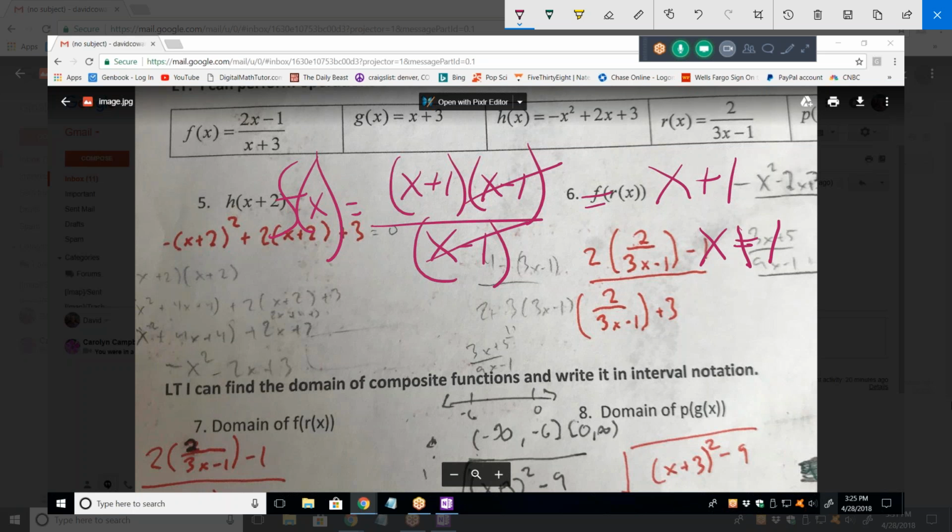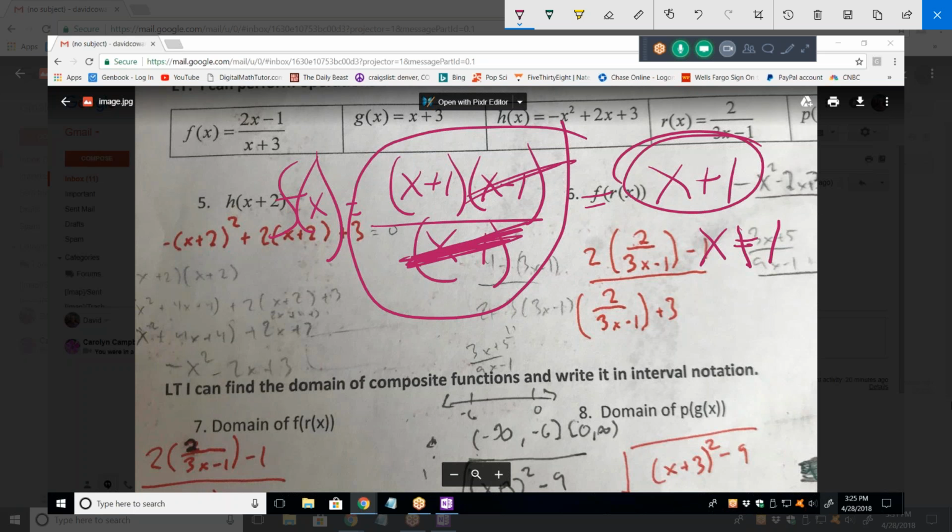X can never be equal to 1, despite the fact that we crossed it off. It does not eliminate the need for that domain restriction. In other words, originally the problem is that. So x can never be 1, despite the fact that that domain restriction appeared to disappear because there's nothing wrong with x being 1 in x plus 1. But what I'm saying is that always go back to the beginning.